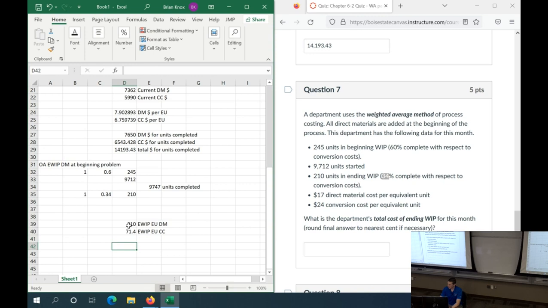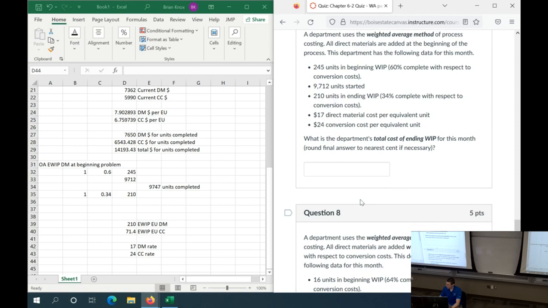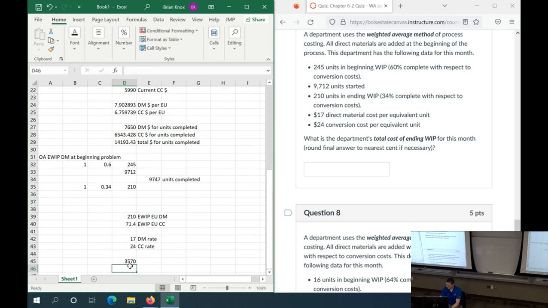All right, now we can take those two. We can copy down from the problem our $17 direct material cost per equivalent unit rate and our $24 conversion cost per equivalent unit rate, and multiply. So this is our DM in ending WIP, DM cost, I'll put a dollar sign.